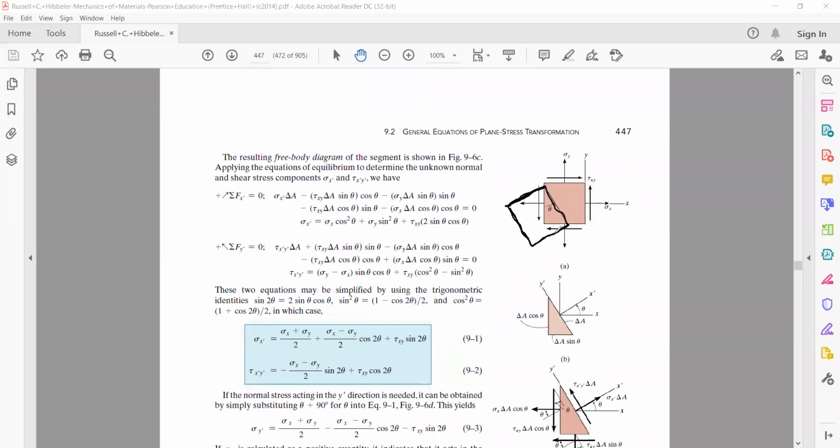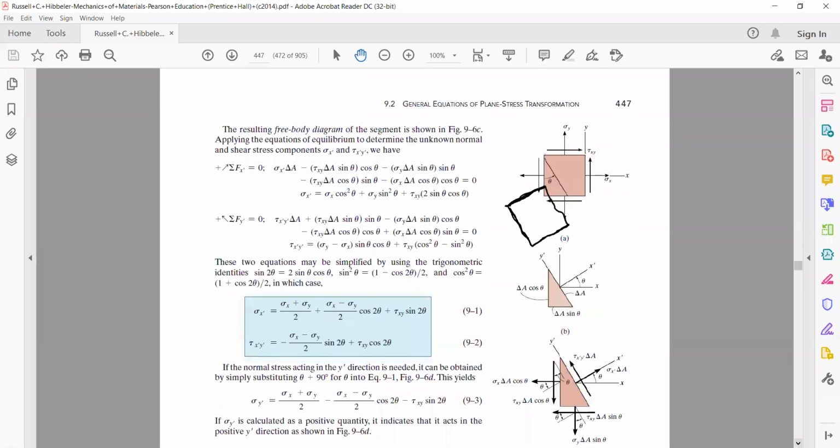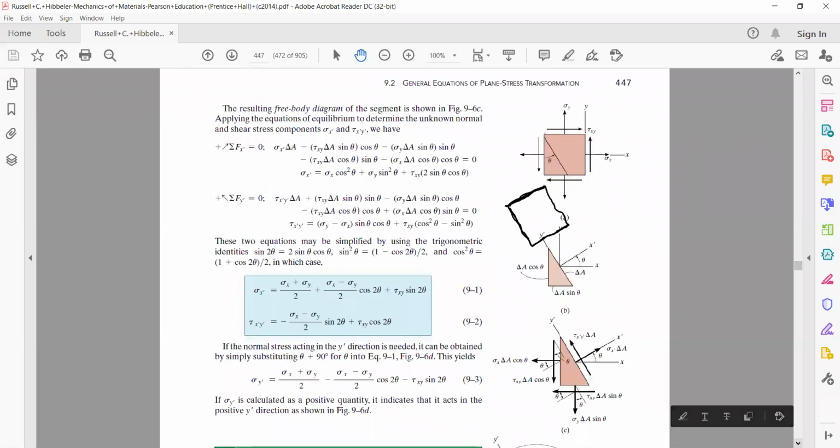Now look at the force diagram. From this element, we obtained this element, and now we'll do the force balance.